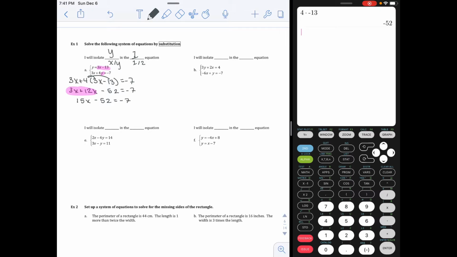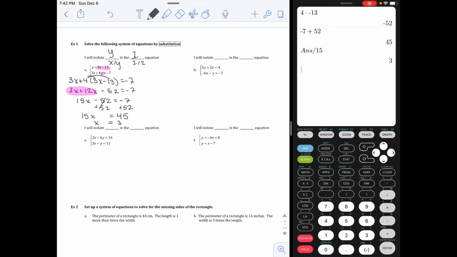Inverse operation, so we're going to add 52 to both sides. We're going to get 15x is equal to, not quite sure, negative 7 plus 52 is a 45. And then we're going to divide both sides by 15 to get x is equal to, let's do 45 divided by 15, which is a 3.